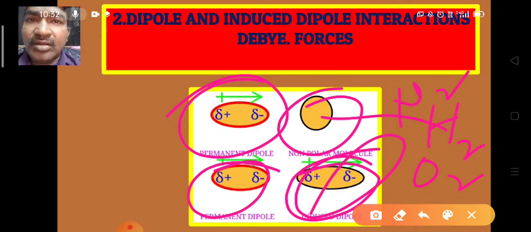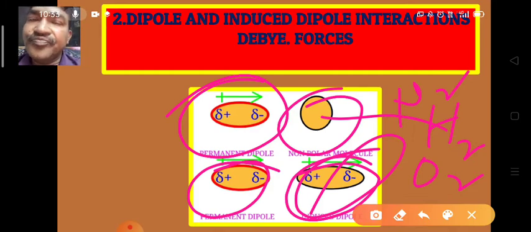When nitrogen, hydrogen or oxygen gases come in contact with water molecules, even though these molecules are non-polar, in the presence of water molecules they lose their symmetry and change into dipoles. That means they become induced dipoles.